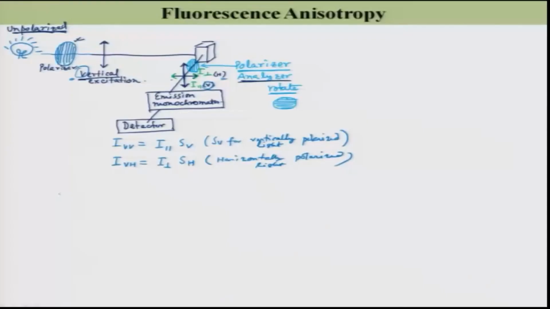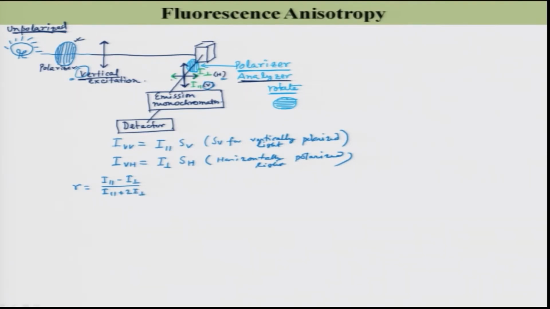Right. So, I have already defined this anisotropy r. Now r will be written as I parallel minus I perpendicular divided by I parallel plus twice I perpendicular, is it not?